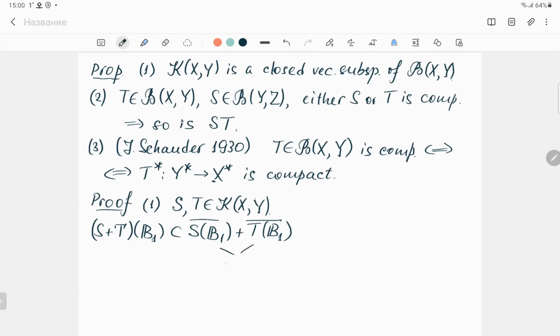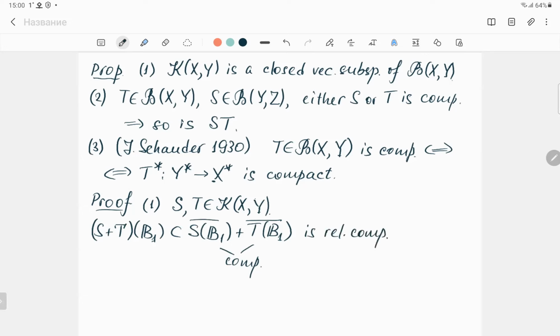And these two sets are compact. But it's immediate that the sum of two compact subsets of a normed space is compact. So as a result, S plus T of B1 is relatively compact.